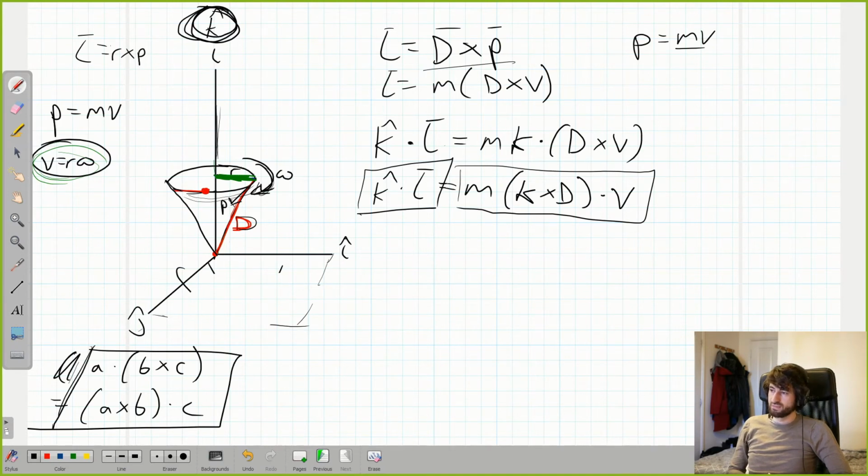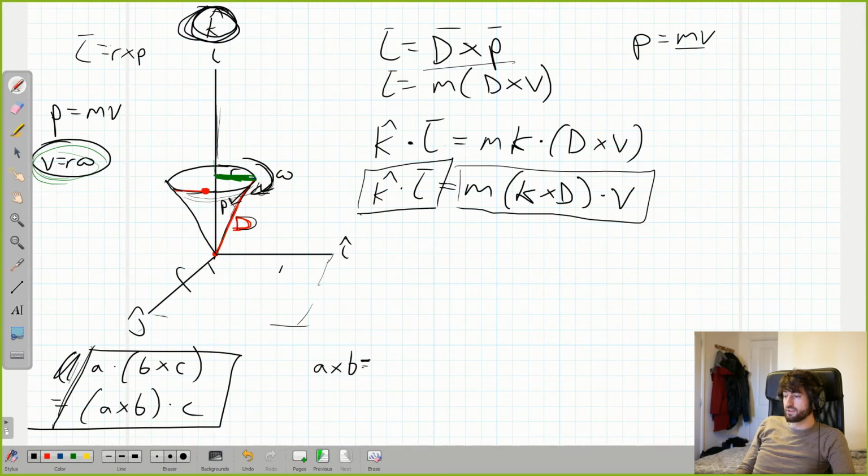Now here's where the maths gets a bit annoying. Not too annoying, I'll try and explain you through it. The cross product A cross B, if we just want the scalar of it, we get AB sine theta. So let's look at this triangle here. This is our theta.